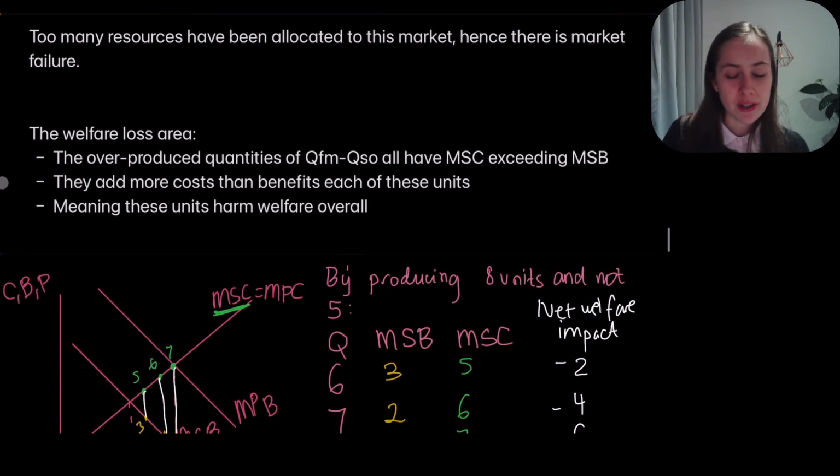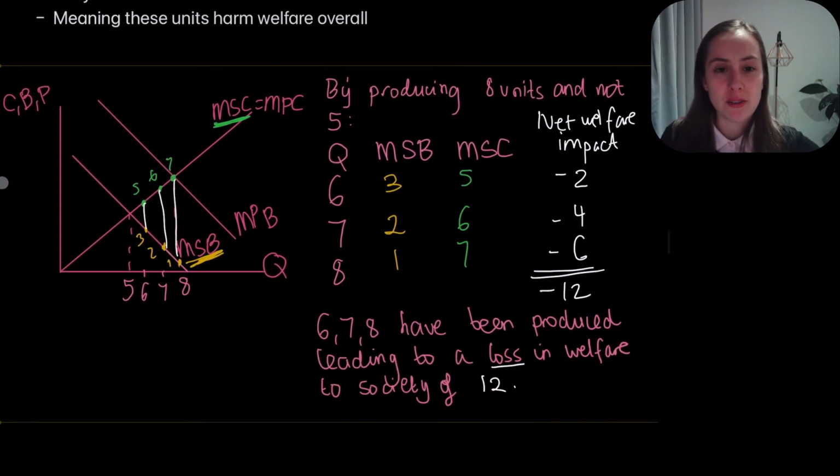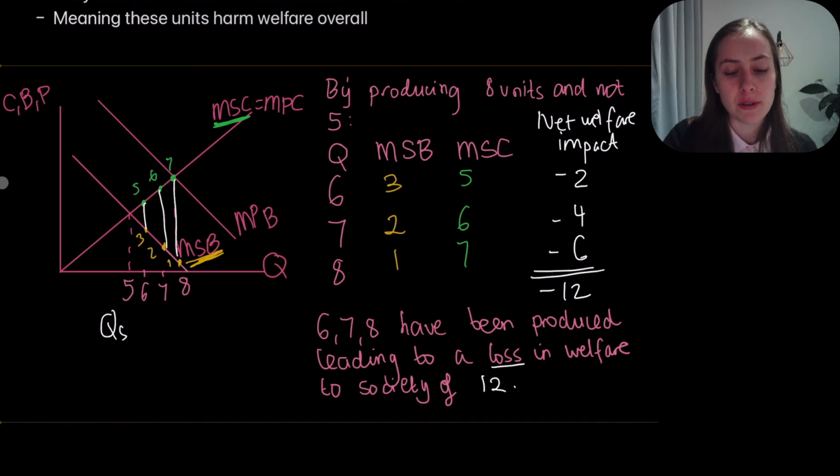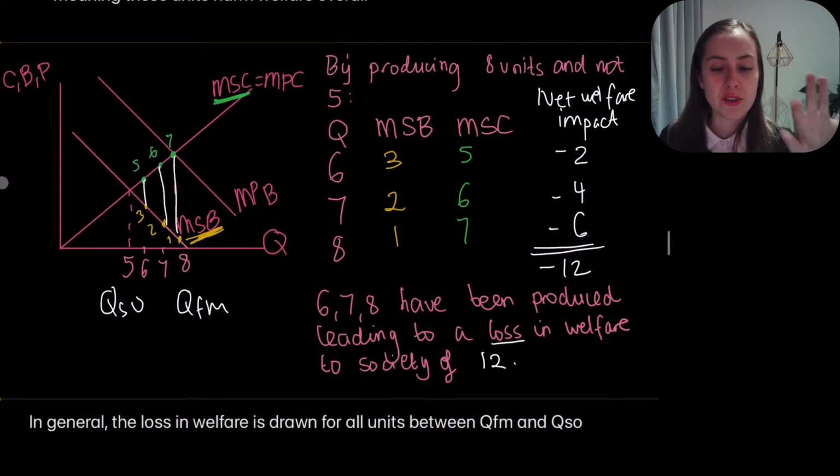To work out this welfare loss area, here's where it gets even more fun. If it wasn't fun before, it's even more fun. Take the units between the social optimum and the free market allocation. Here in this example, I'm using 6, 7, and 8. And you want to track the benefits that that's had.